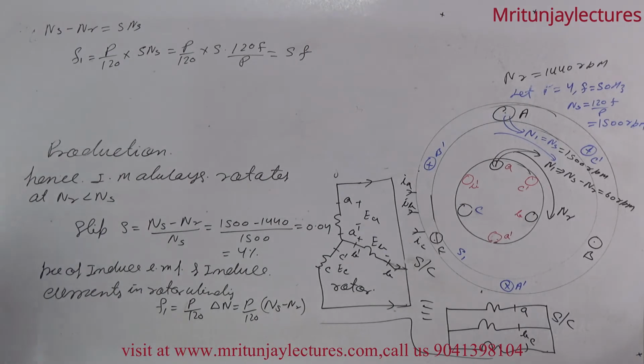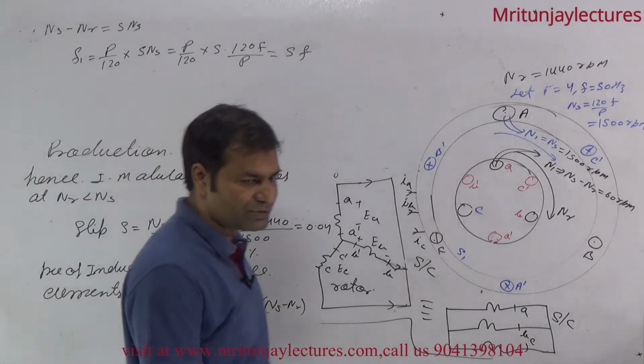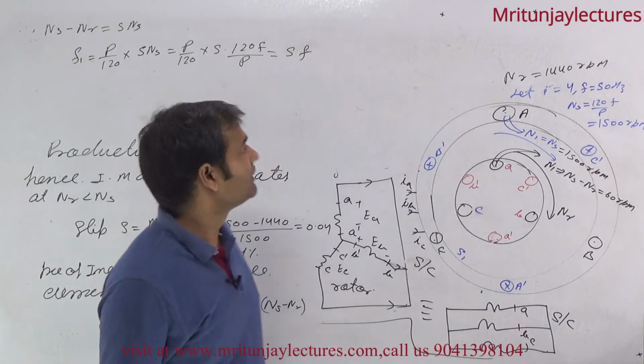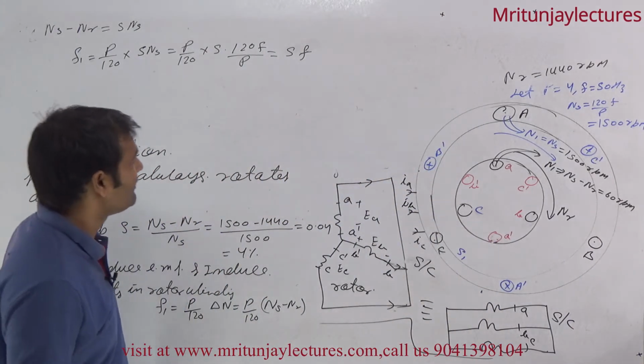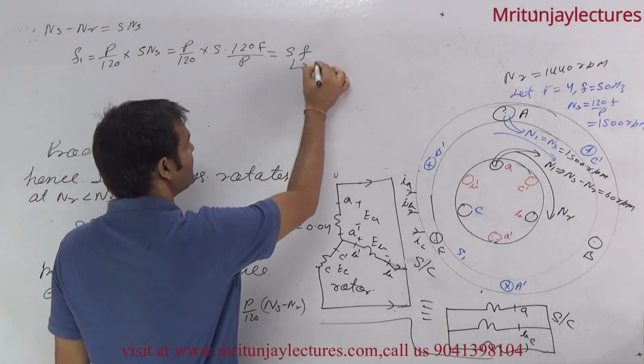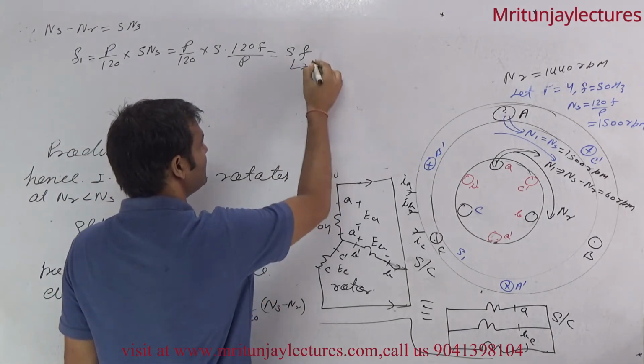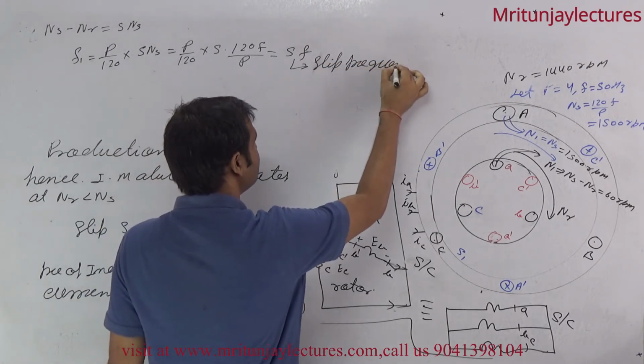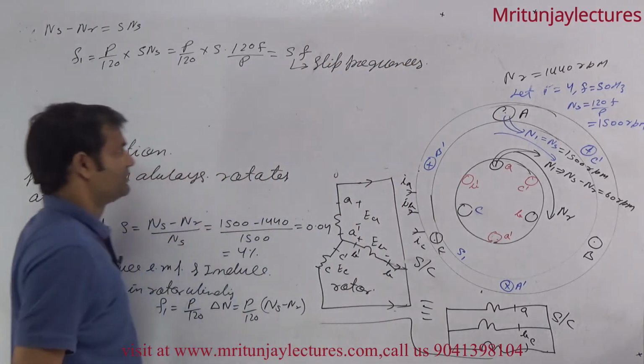Clear? So you can say that the frequency of induced EMF and induced current in the rotor winding is sf, which is called the slip frequency. Clear?